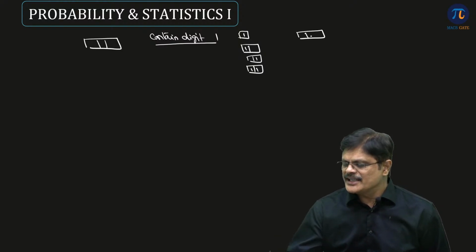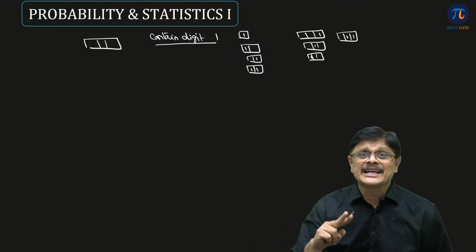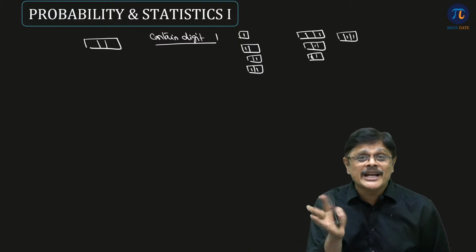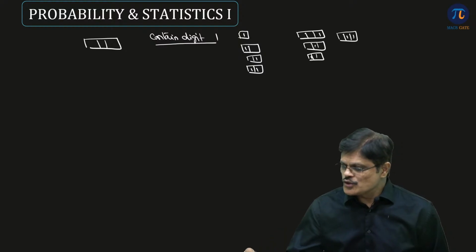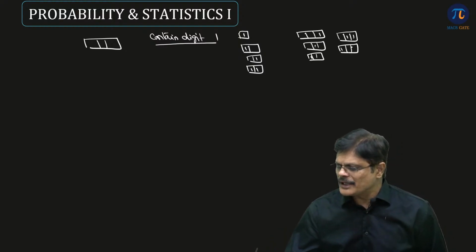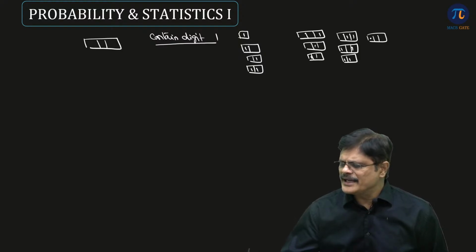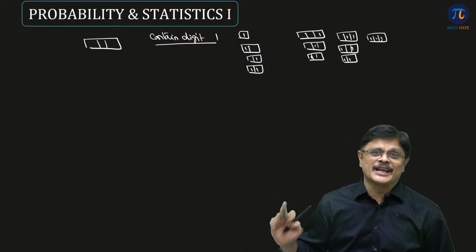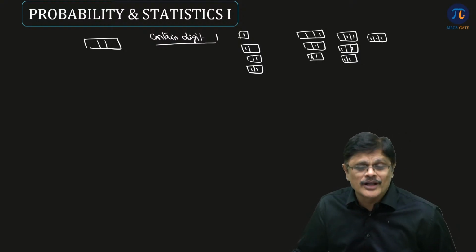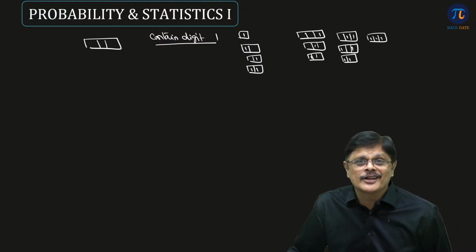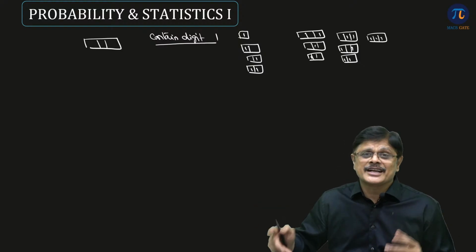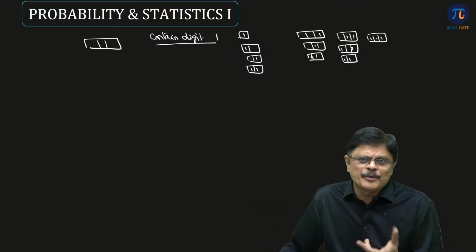Suppose it is a three-digit number, it may contain the digit 1 in any of the places. I said contain the digit 1, but how many times is not mentioned. So it may contain 1 two times, or contain 1 three times. This many cases I need to solve if I solve this problem directly. It's not impossible, sir.